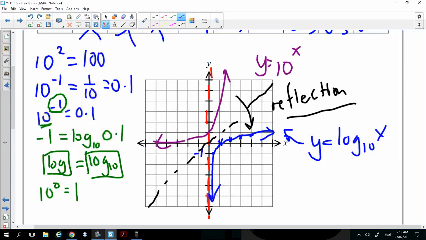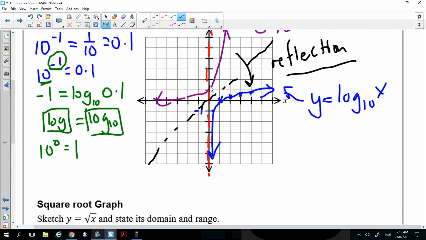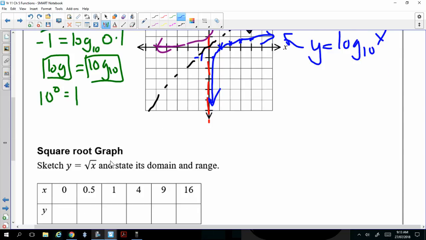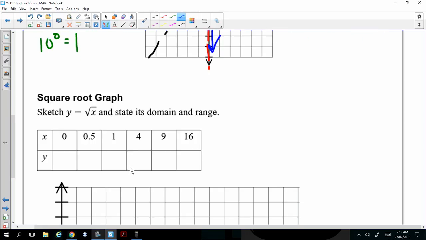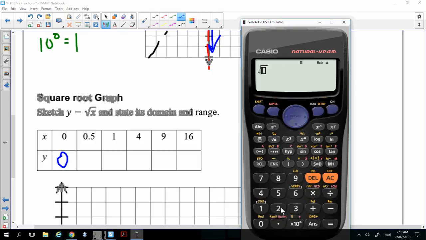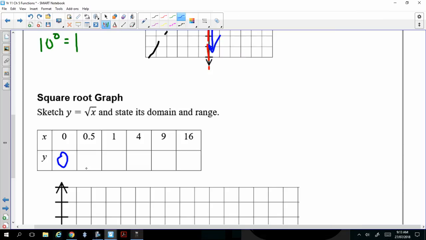Square root graph. Can you fill in the numbers? Square root of 0 is 0, square root of 0.5, I think it's 0.7, put 1 in, then 2, 3, 4. Okay, let's plot the points.